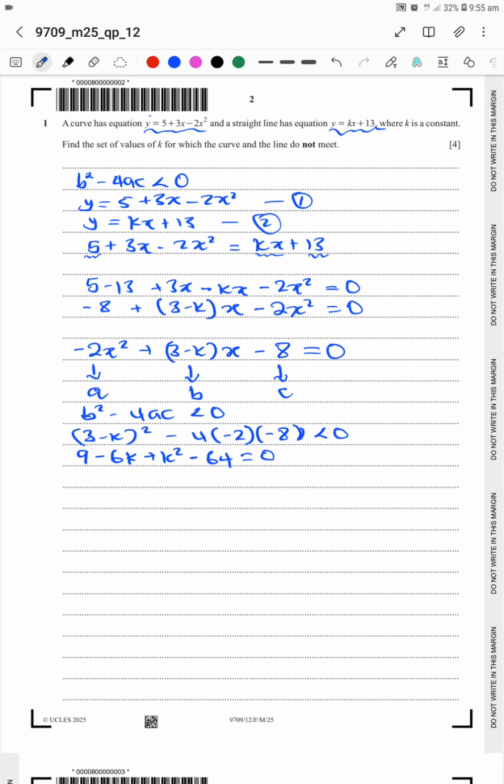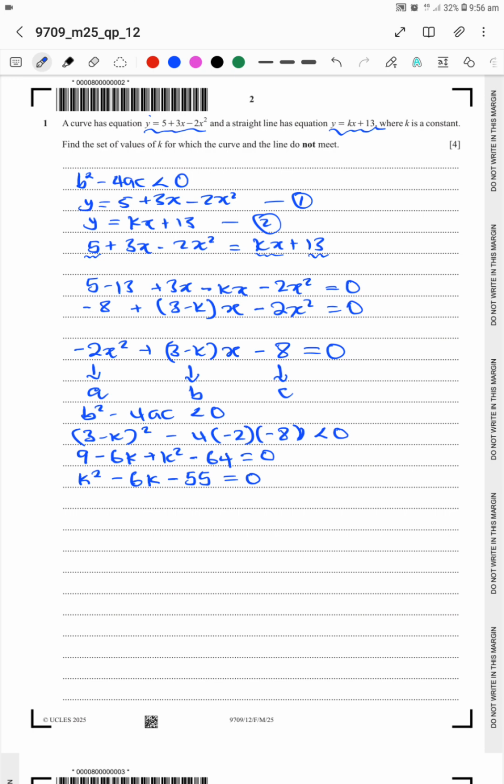Again, rearranging this new quadratic equation, we get k squared minus 6k. Now negative 64 plus 9 will give us negative 55. So let's say minus 55, and this is equal to 0.